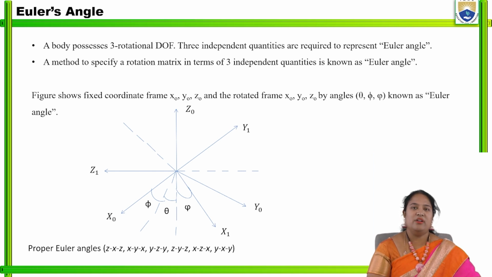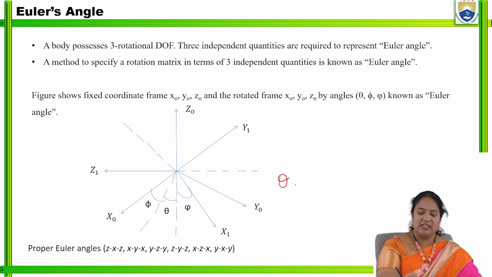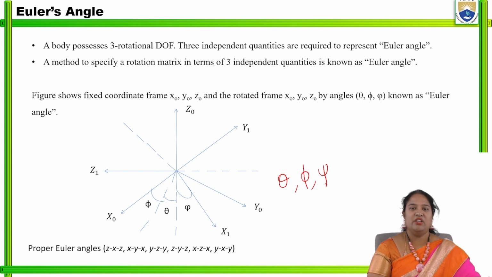So here in Euler's angle, we will have three different angles, that is theta, pi, and psi, which will be determined based upon the rotation of the axis of the robot.